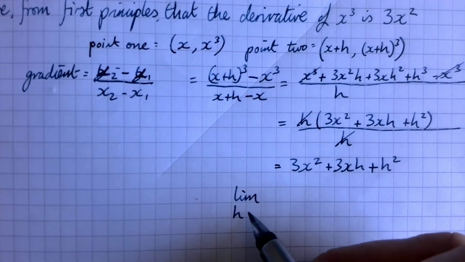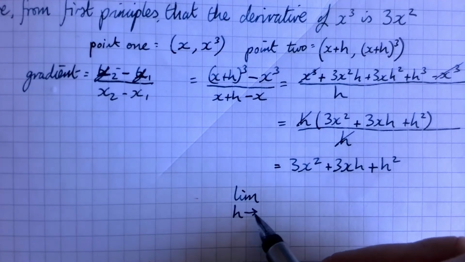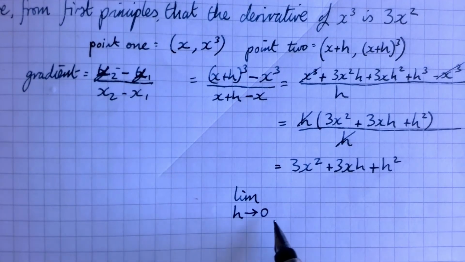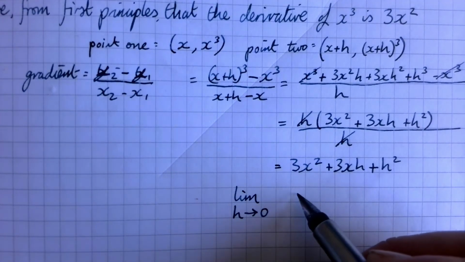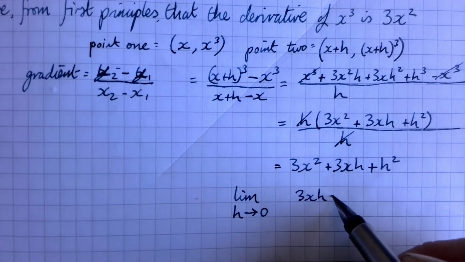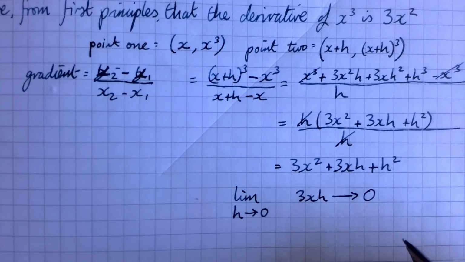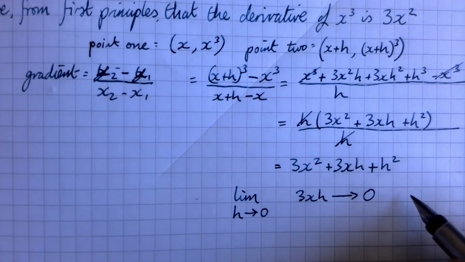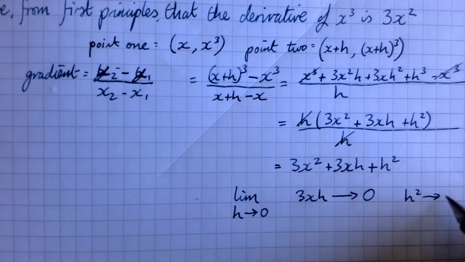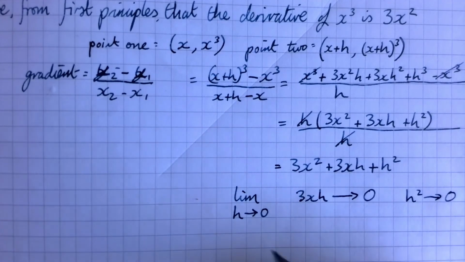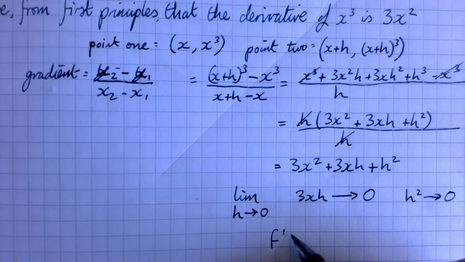Underneath lim, which is just short for limit, we put h with a little arrow towards 0, which means the limit is going towards 0. And 3xh will tend towards 0, because when you multiply 3x by 0 you get 0. And h squared also tends towards 0, which means we're just left with the 3x squared.